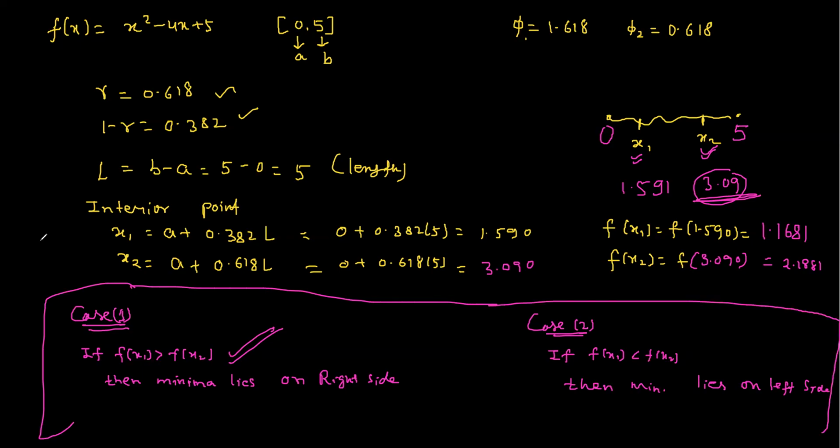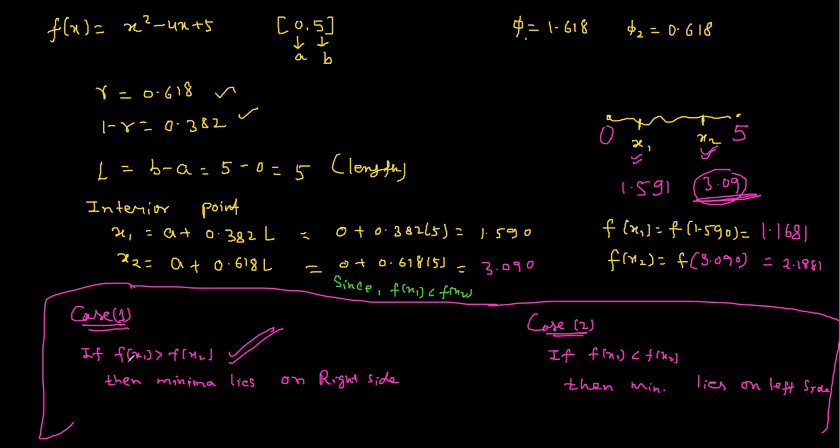Now you can see in this case, since f(x1) is less than f(x2), minimum lies in the left interval, right? Understood?